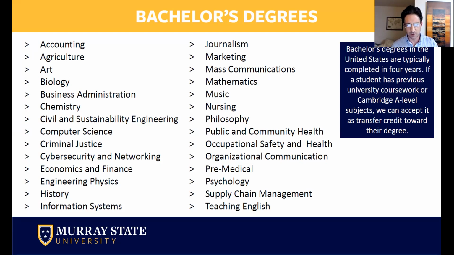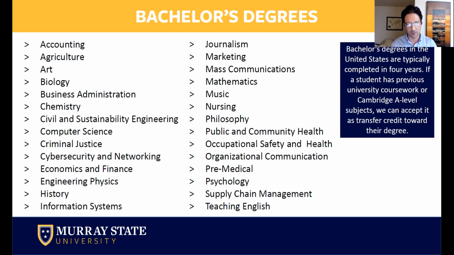Our bachelor's programs, and this is how it works in the United States, bachelor's degree programs are typically 4 years in duration. A student coming here for their bachelor's degree will typically take what we call general studies courses. These are more general courses such as English and science and math and art and history.